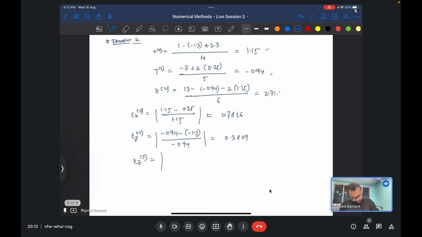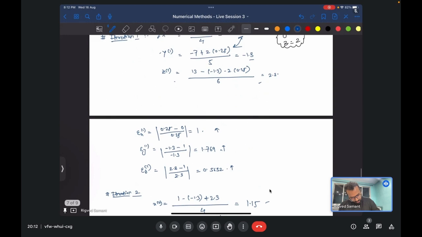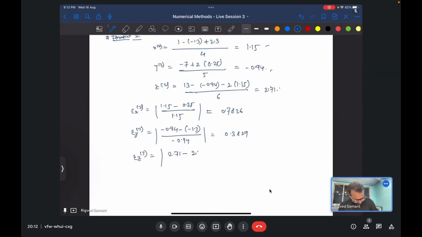Then z is 2.71 minus the previous z value, 2.3, divided by 2.71.